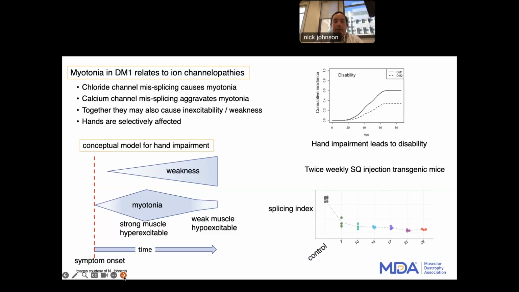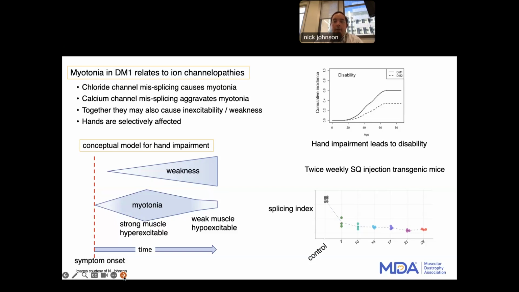progressive disability. It's hard for patients in clinic to say, well, is that my myotonia or is that my hand weakness? People really just talk about difficulty opening jars or bottles, or difficulty opening doors, or doing buttons. It's hard to parse out clinically whether it's the myotonia or the weakness specifically.